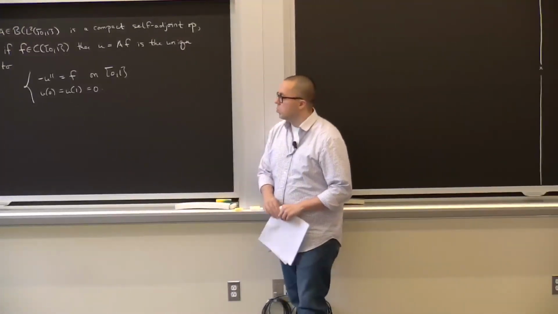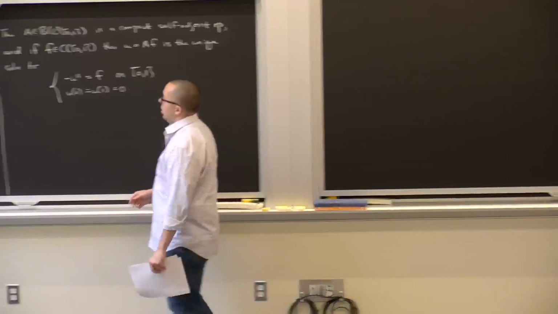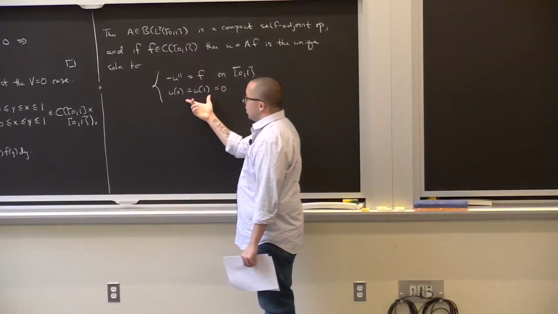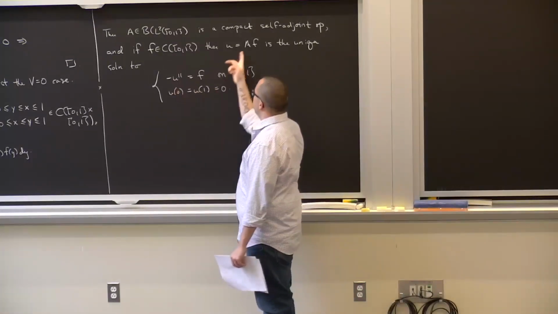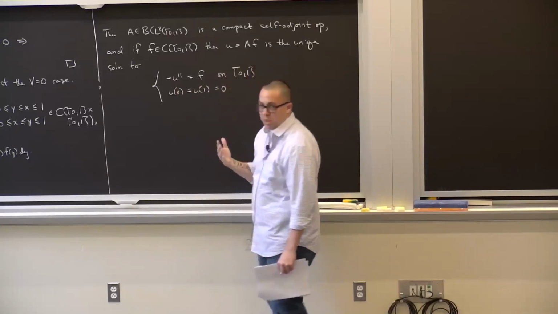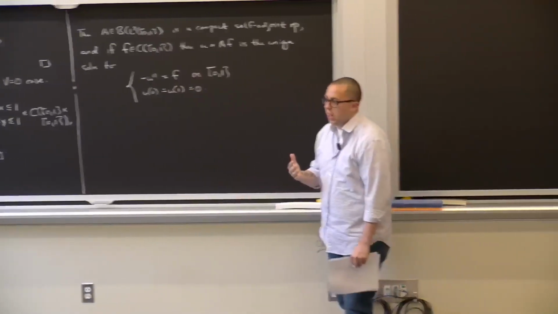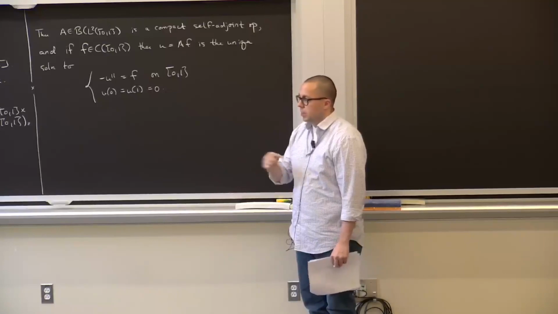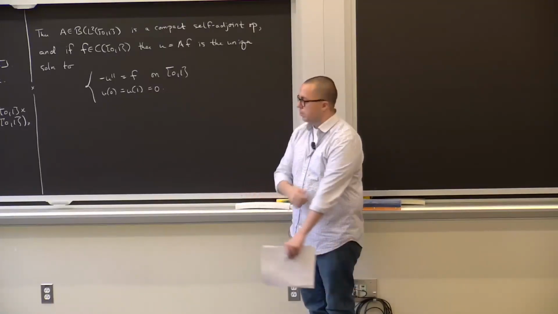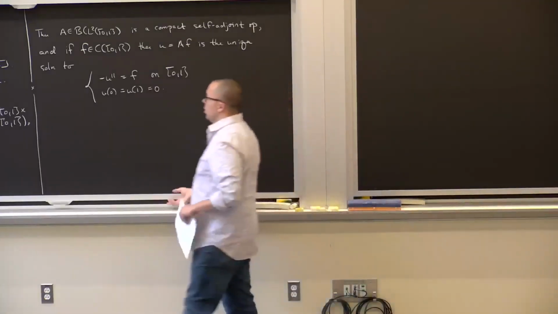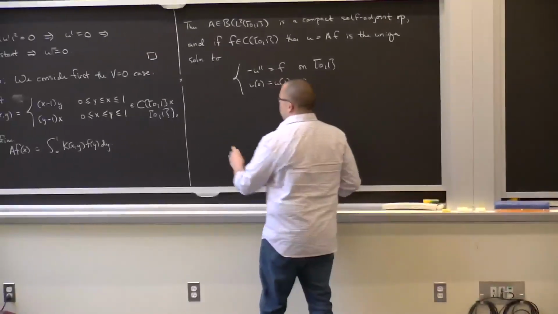Okay, so it shouldn't come too much of a surprise that the solution to a Dirichlet problem, u, can be written as an integral operator, right? Because by the fundamental theorem of calculus, integration and differentiation are inverses of each other.